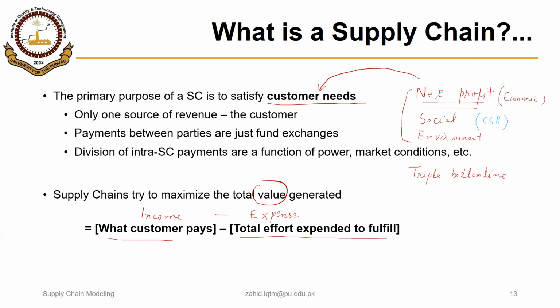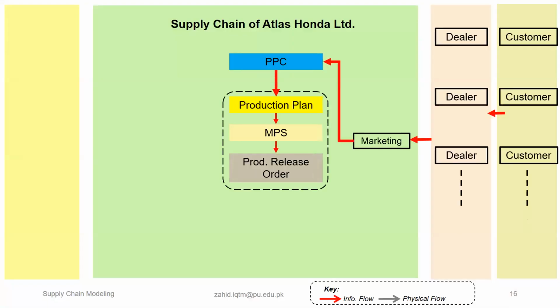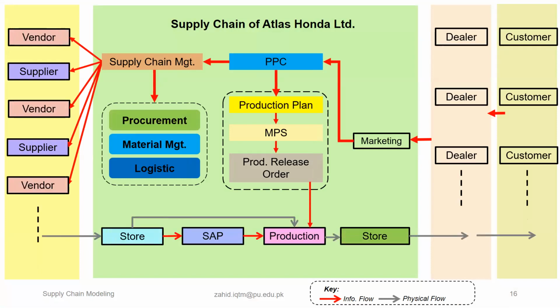So this was a quick introduction of what is supply chain and what is supply chain management, but still I will skip this example of Honda supply chain. I had discussed it in the live class.